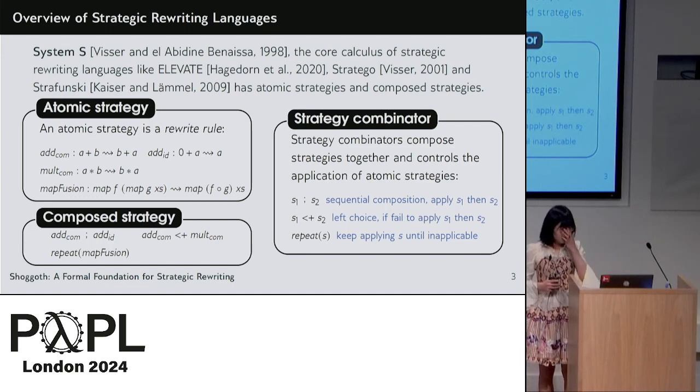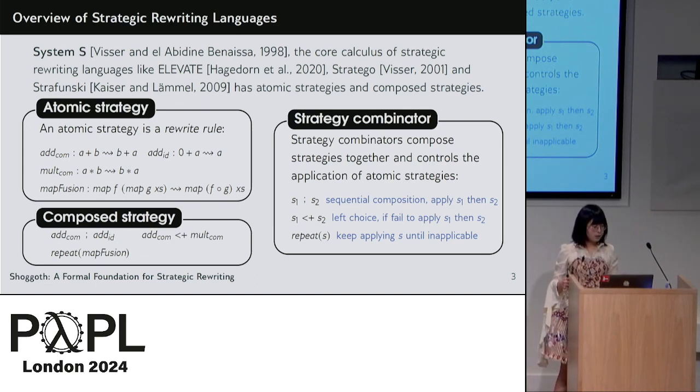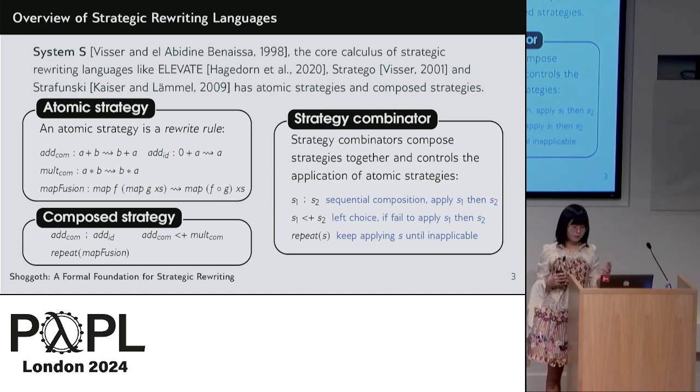The basic constructions of these strategic languages are atomic strategies, which are like a single rewrite rule, for example, commutativity of addition, or commutativity of multiplication. And also there are composed strategies, which are composed by strategy combinators like sequential composition, left choice, and such.